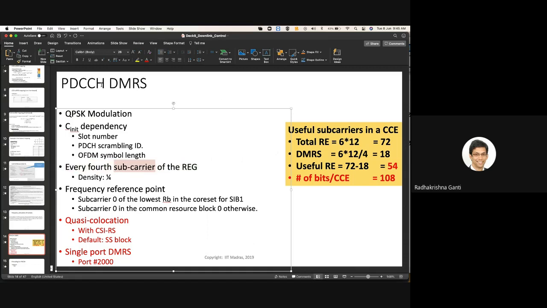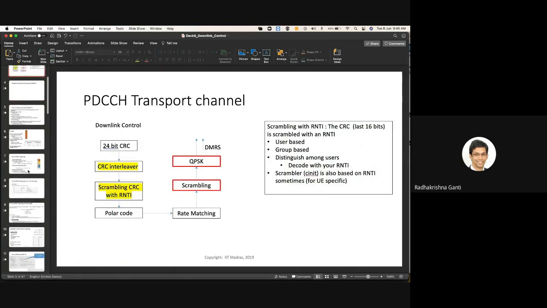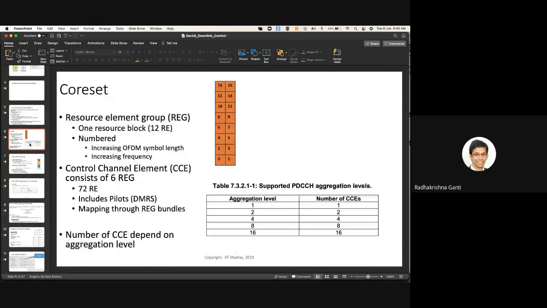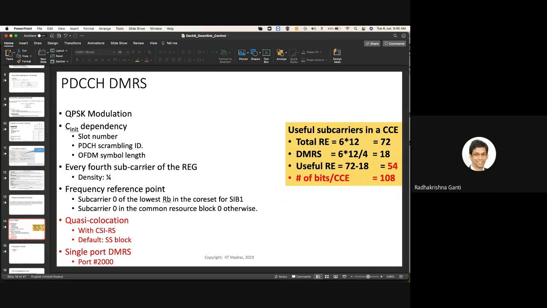The DMRS is also QPSK modulated. Every 4th subcarrier of the REG is a pilot, a DMRS pilot.